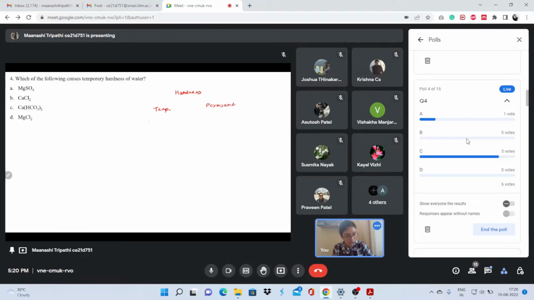Temporary hardness is due to carbonates, bicarbonates, and permanent hardness is due to chlorides, sulfate, phosphates, sulfide, and many more. Okay, and hardness is caused mostly in water by calcium 2+ and magnesium 2+. I hope this will help you to answer the questions.